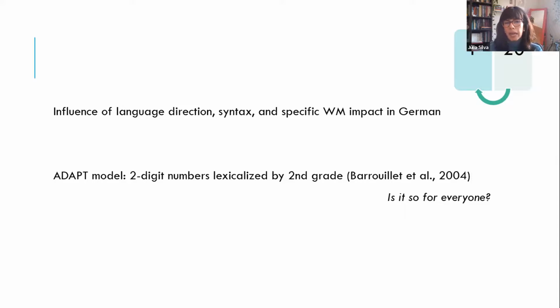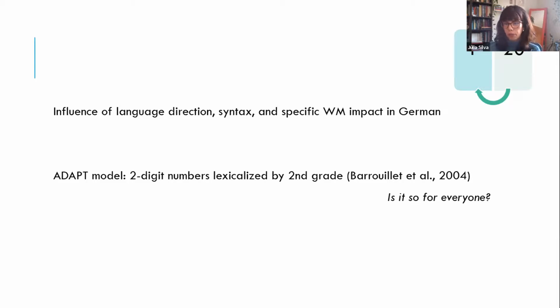But what I was thinking when reading his work is that it's interesting when we think about the assumptions of the ADAPT model, that by second grade, two-digit numbers should already be lexicalized, which means that they should already be automatically retrieved.